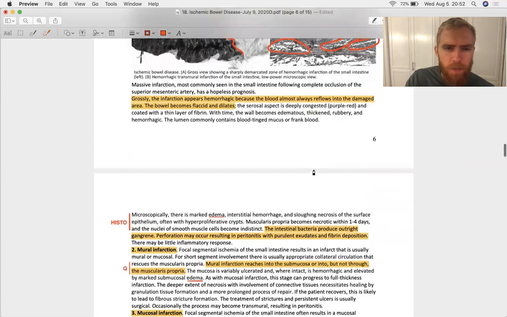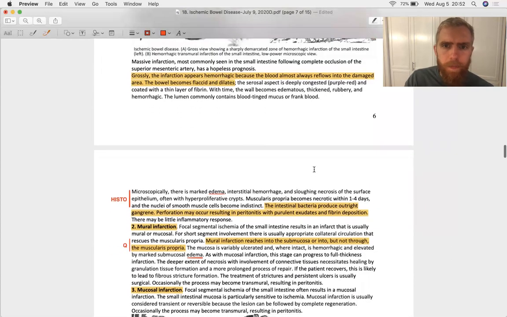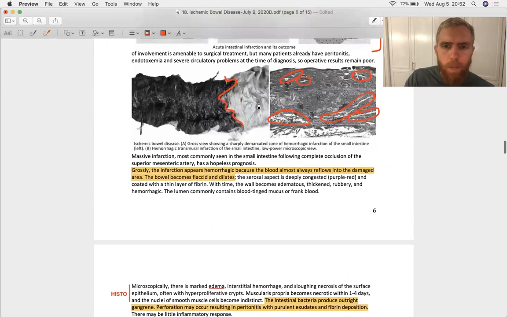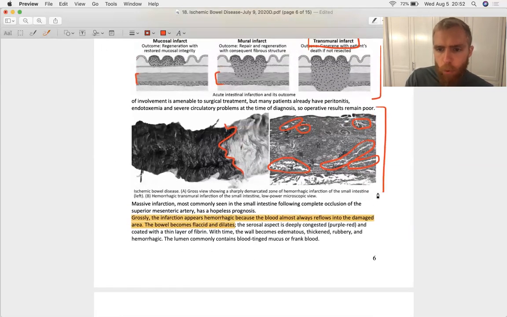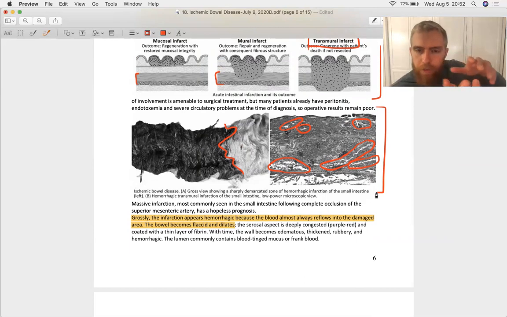So that's how to spot edema on histology. The bowel wall is going to thicken because of this edema. That's an important point. Why do you get a thick bowel wall in bowel necrosis? Well, because so much fluid gets into the wall of the bowel that it literally expands. It separates.